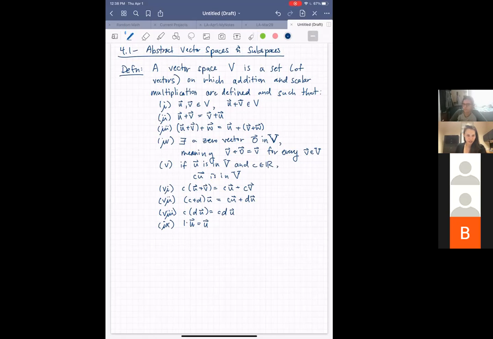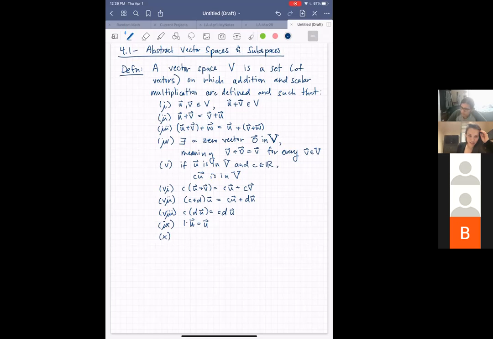Wait, did I get everything? Do we need inverses? I'm missing something. Yeah, so this is the scalar multiple of u. No, that part we got.